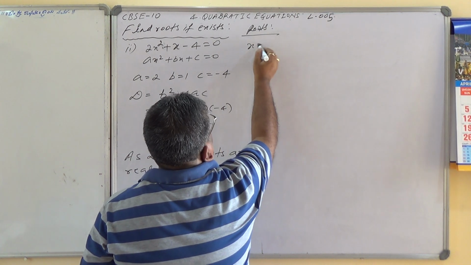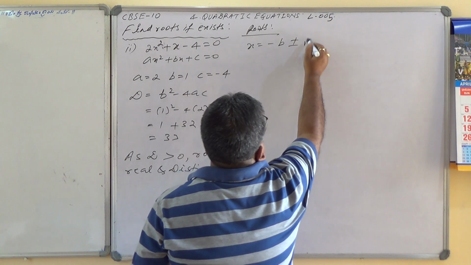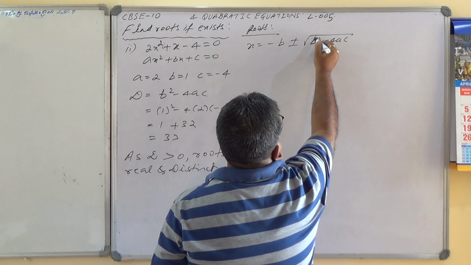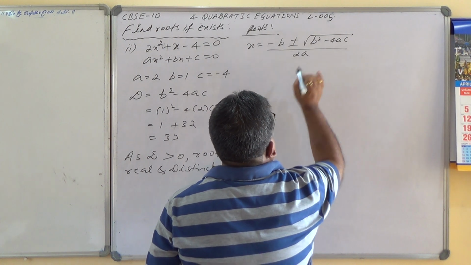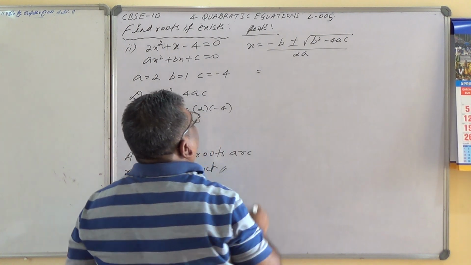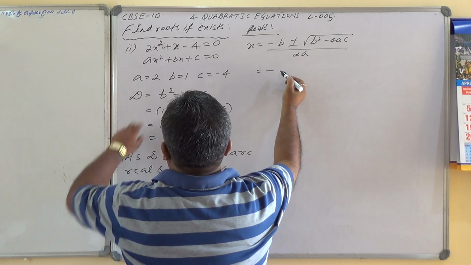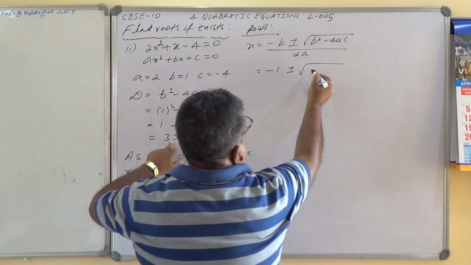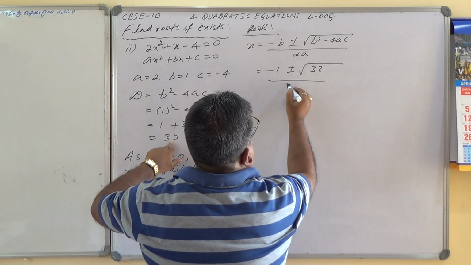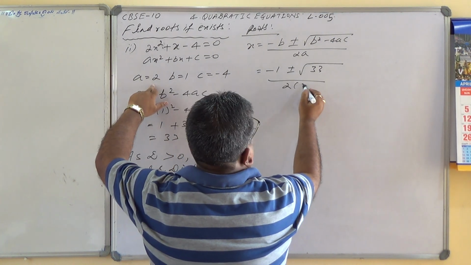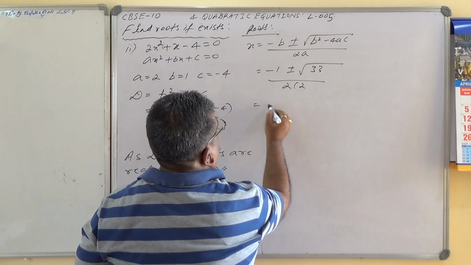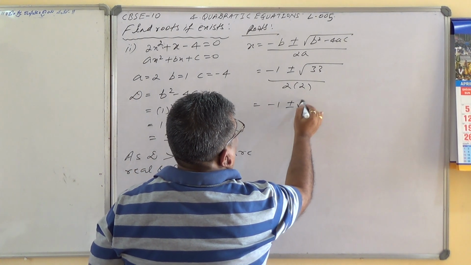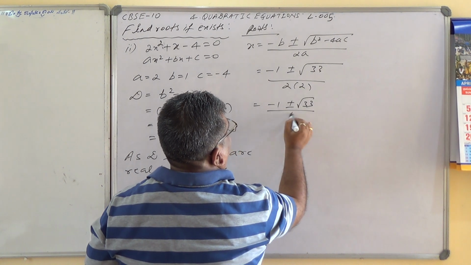X equals minus b plus or minus under root of b square minus 4ac, the whole divided by 2a, which equals minus of b, that is minus 1, plus or minus under root of 33 divided by 2 times 2, which equals minus 1 plus or minus under root of 33 divided by 4.